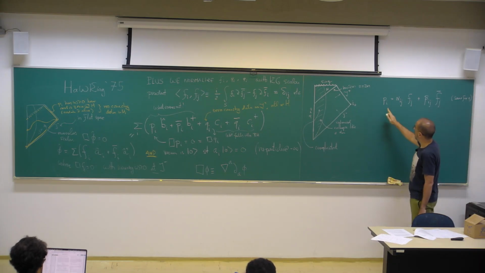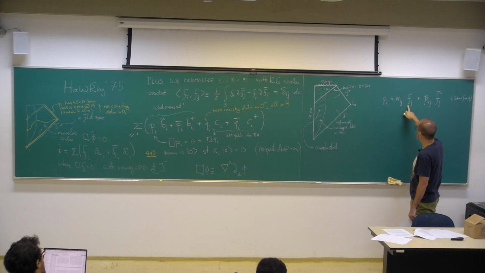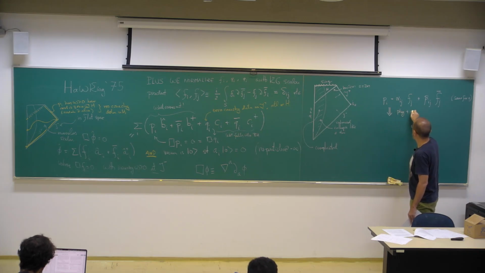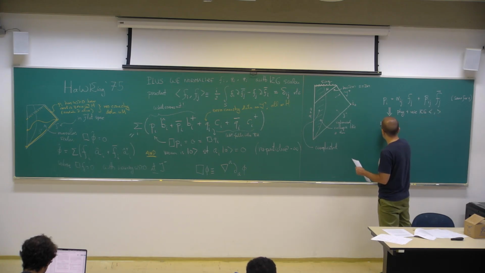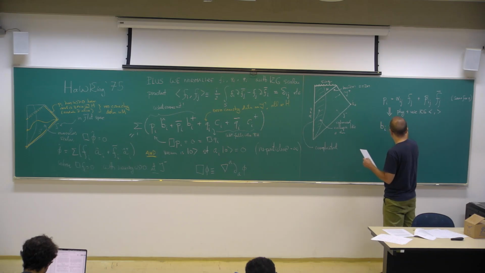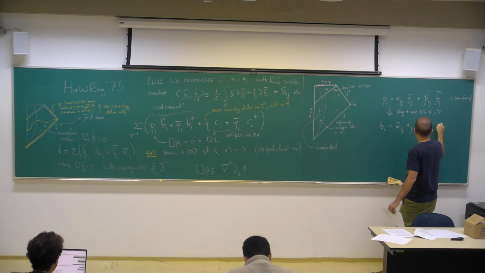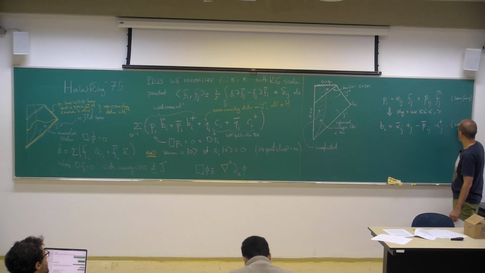Okay? And same for Q. And now, if you plug this P and the same relation for Q there, and then you use the scalar product to extract the coefficients of f_i, this is just plug in plus use the Klein-Gordon scalar product. That implies relations such as this one, that b_i equals alpha bar ij a_j minus beta bar ij a dagger j. Okay, and similar for the other ones.